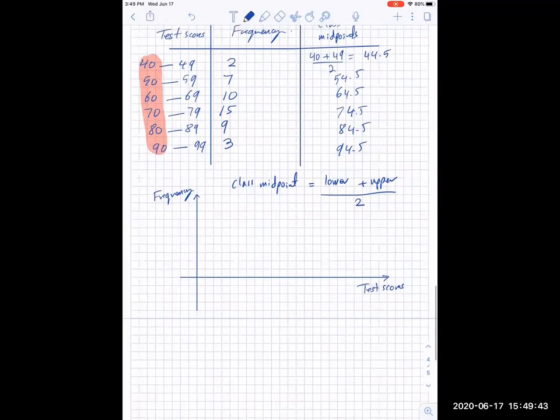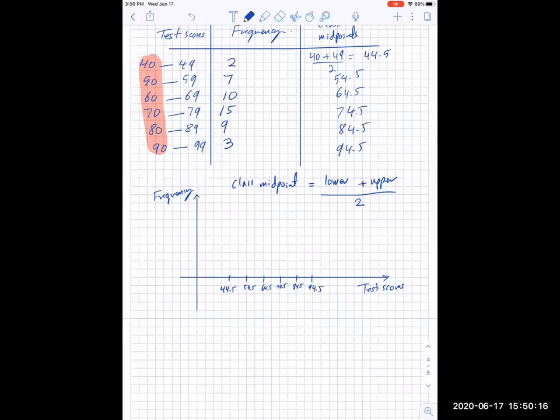We're going to start with the first one, 44.5.